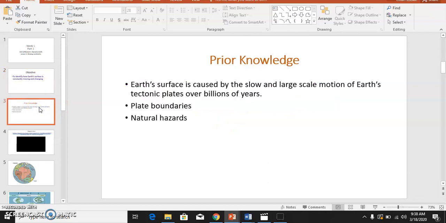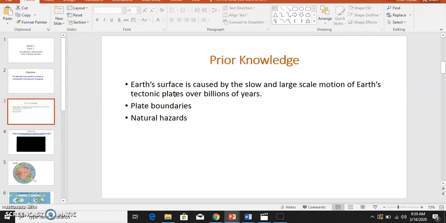As we proceed into the lesson, I would like you to recall the previous lessons we've had from this unit. We studied shaping Earth's surface when we talked about the tectonic plates, which are always in constant motion, and the movement of these tectonic plates results in some features that occur on the surface of the Earth.